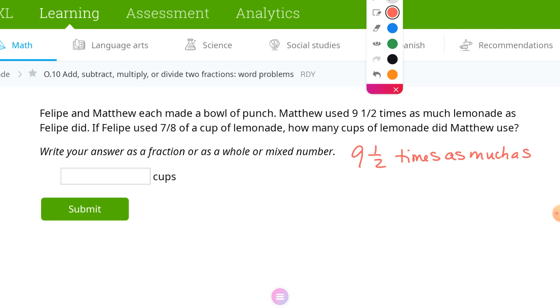As Felipe, who, yes, then we would replace that with 7/8. So what does that tell me to do, Reese? 9.5 times as much as 7/8. What math does that tell me to do? Yeah, so on your paper you should be multiplying 9.5 times 7/8.